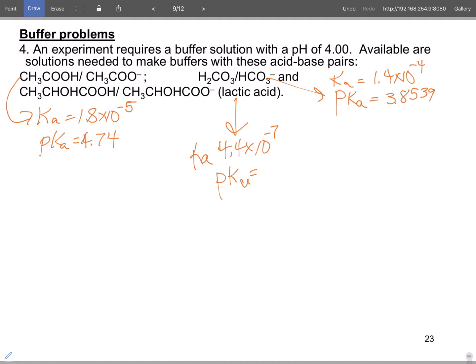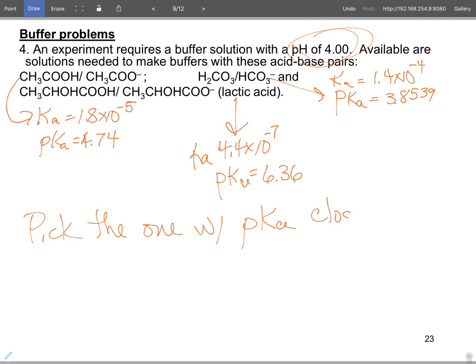And you can't read that. So 6.36. Okay, so we need a pH of 4. So basically we need to pick the one with the pKa closest to desired. So in this particular case, you look at these two, and the carbonic is only 0.2 off.